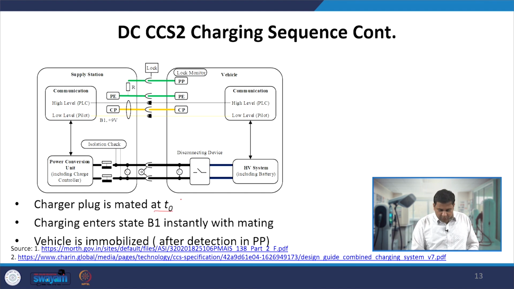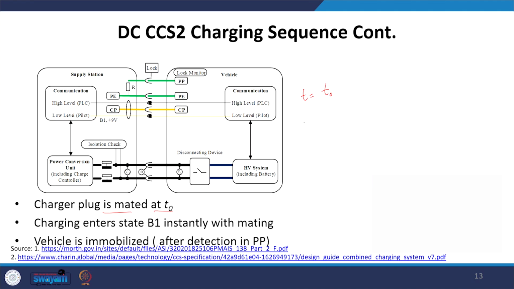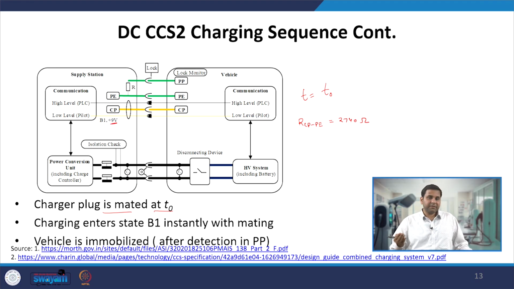Now this is the charger plug which is unmated at this point. At t0, the charger plug gets plugged into the EV. That means the charger plug is mated. During that time, since the charger plug gets mated, the resistance between the CP and PE line will now become 2740 ohm from the not defined value, and since the PWM is deactivated, the positive voltage level is connected directly to plus 12 volt.